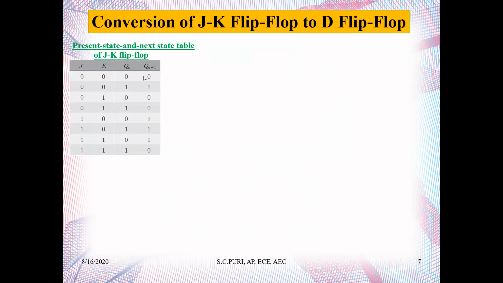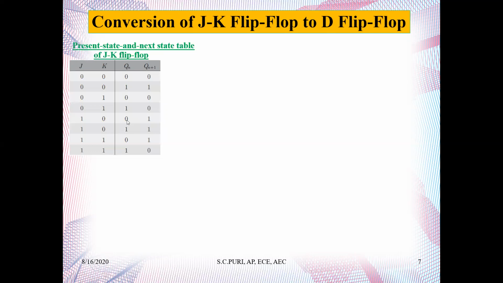0 to 0, no change. 0 to 0, no change. 0 to 1, you can see here, it will be reset, 0 0. 1 to 0 is nothing but it is either toggling, you can see here 1 to 0.